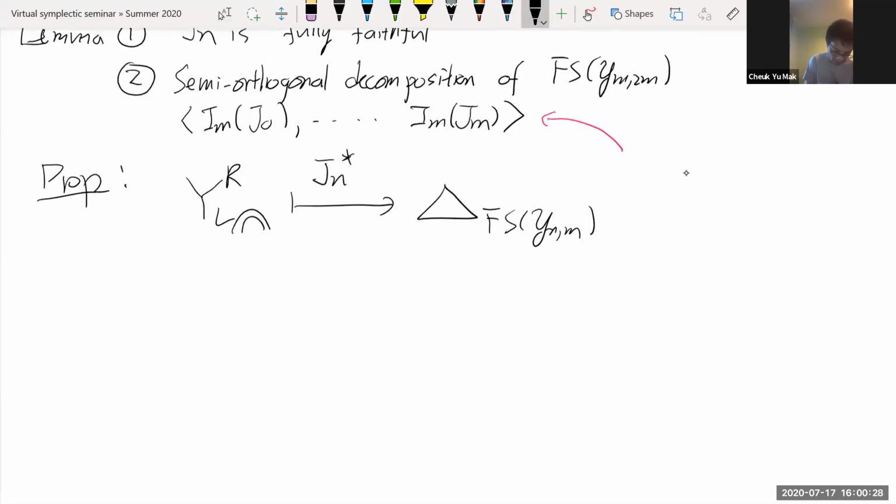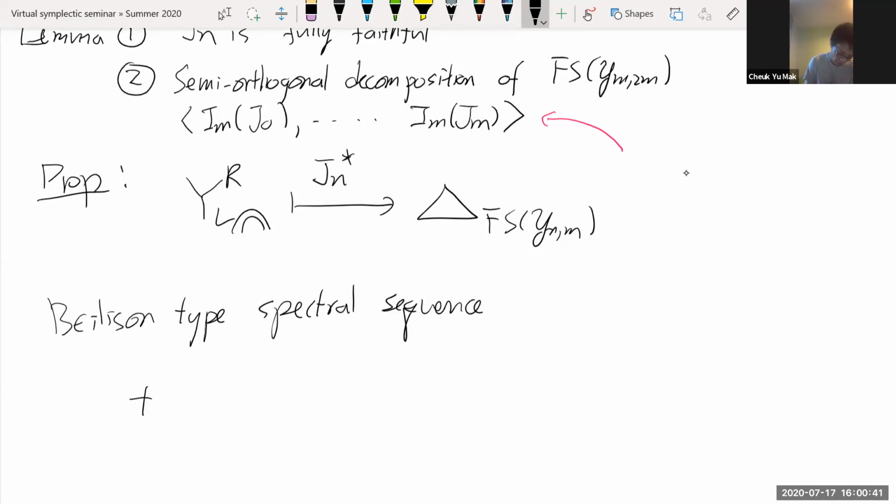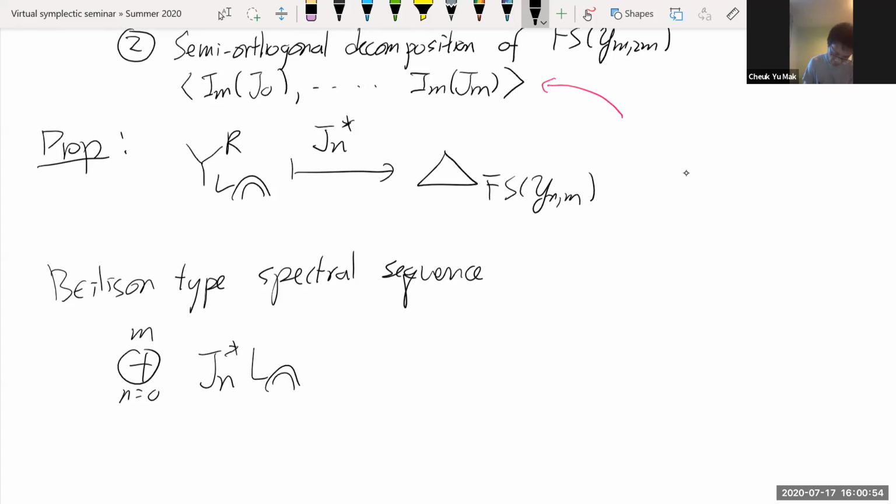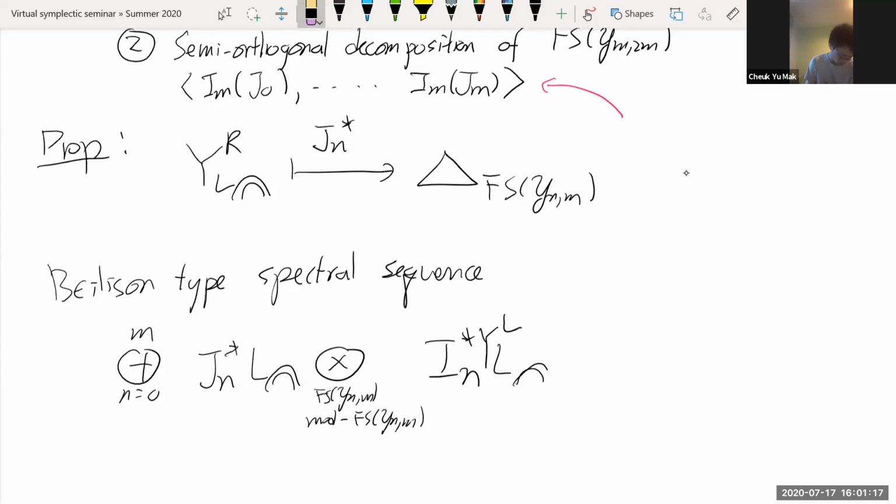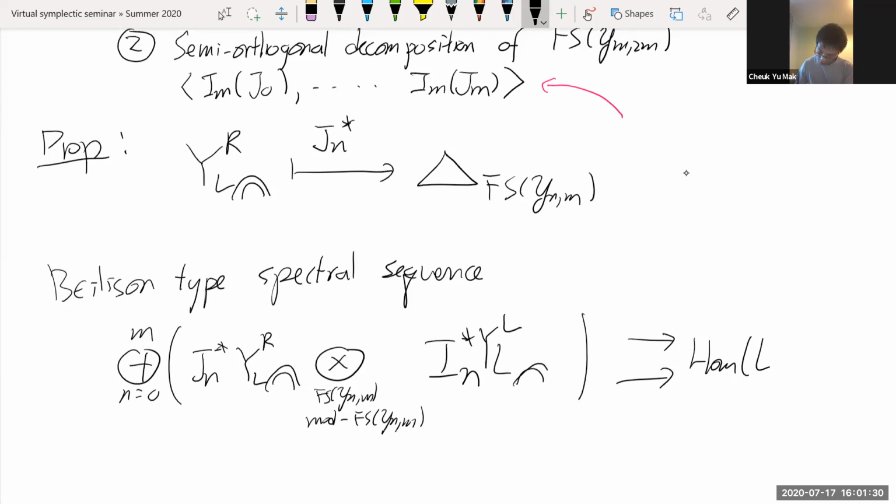And then the consequence is that we have a Bar-type spectral sequence from the direct sum of the right Yoneda embedding of this one, L rainbow, and then tensor over the bimodule YNM, and then you put the left embedding of L rainbow here.